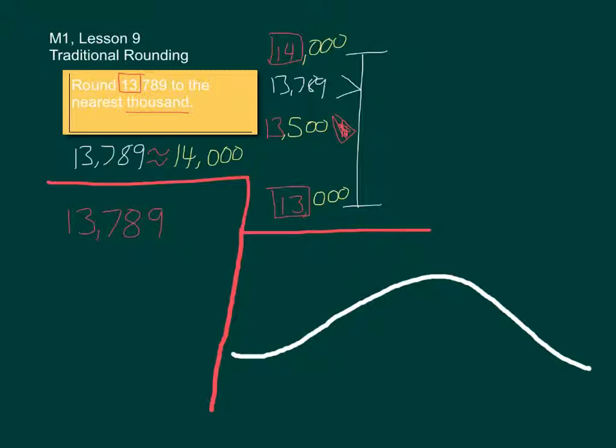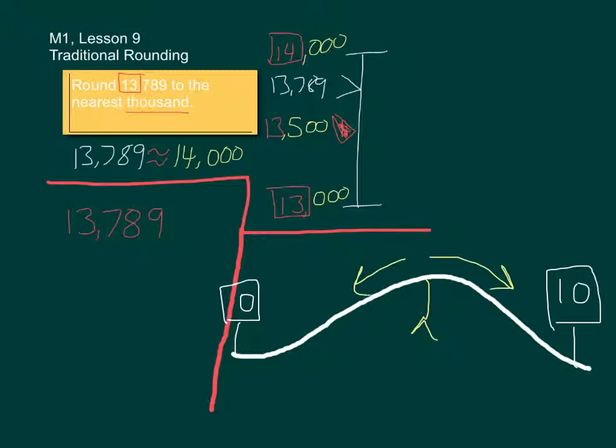And on the hill there's some mile markers. This is mile marker 0, and this is mile marker 10. And at some point on the hill, right here at the midpoint, the car is going to start going towards the 10 instead of towards the 0, and the midpoint is the 5. As soon as the car hits the 5, it's going to start going this way.